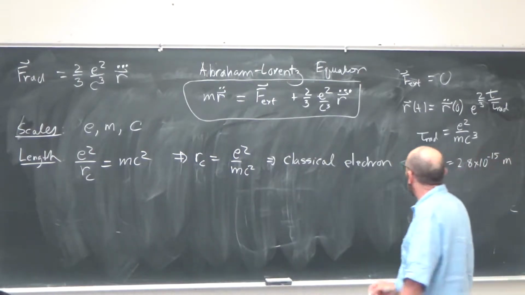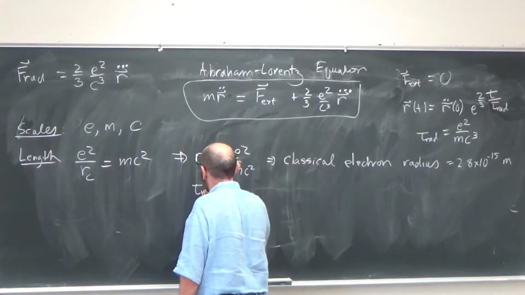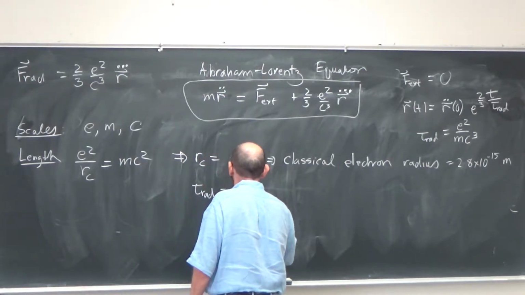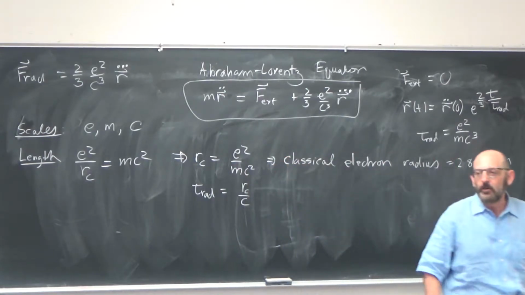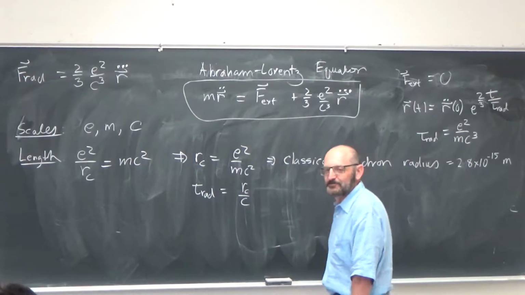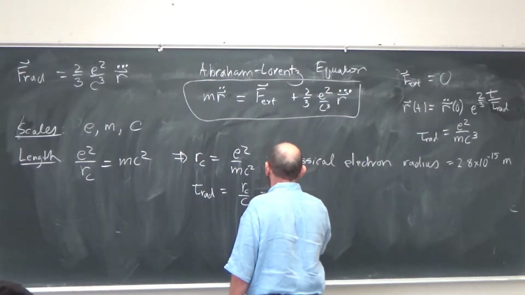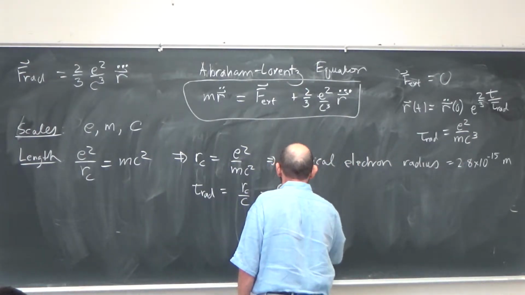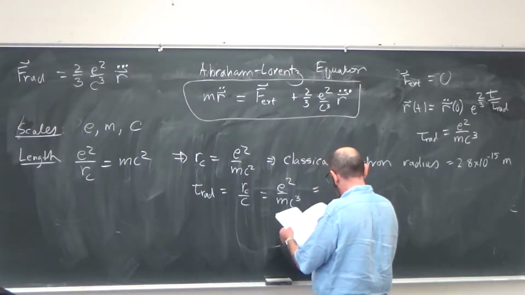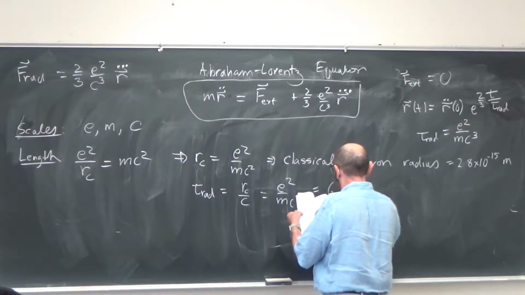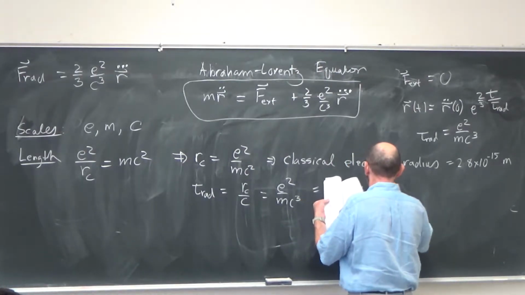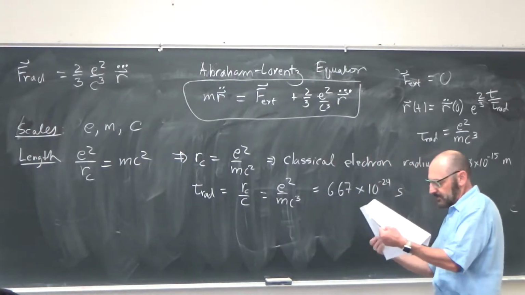Now I can think about a characteristic time scale, which I'll call the radiative time scale, which is the time it takes light to travel across that ball of charge. That time is e squared over mc cubed, and it is microscopically tiny. It's 6.67 times 10 to the minus 24 seconds. Is that right?